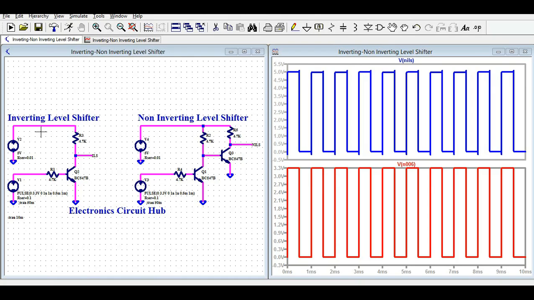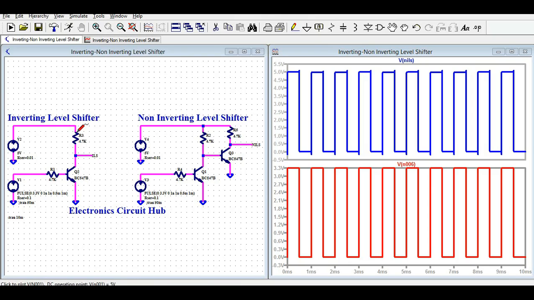In the inverting level shifter, your input and output are not in the same phase, while in the non-inverting level shifter, they are in the same phase. Based on your application, you can use this kind of circuit. This is a very cost effective solution.